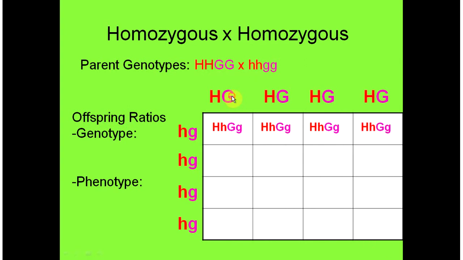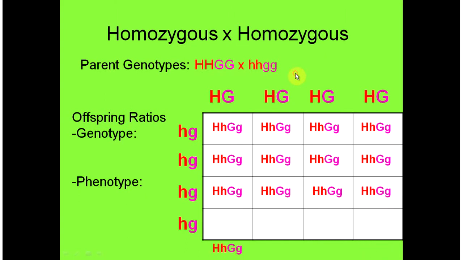So it just so happens that in this cross, all my gametes on top are the same, all my gametes on the left side are the same, so all of my offspring will have the same genotype. So you don't really have to fill in all the boxes. You could simply write all big H, little h, big G, little g. And that's fine with me.